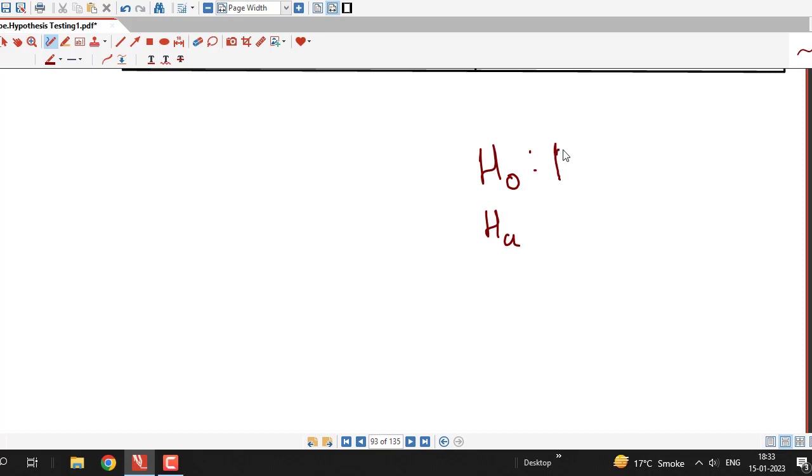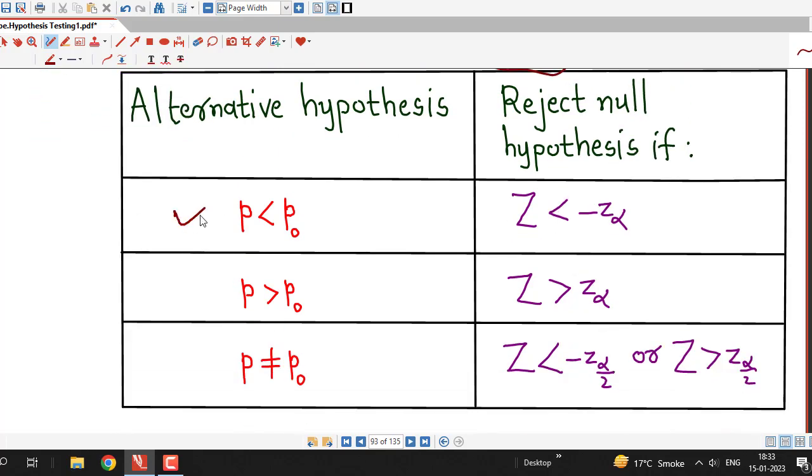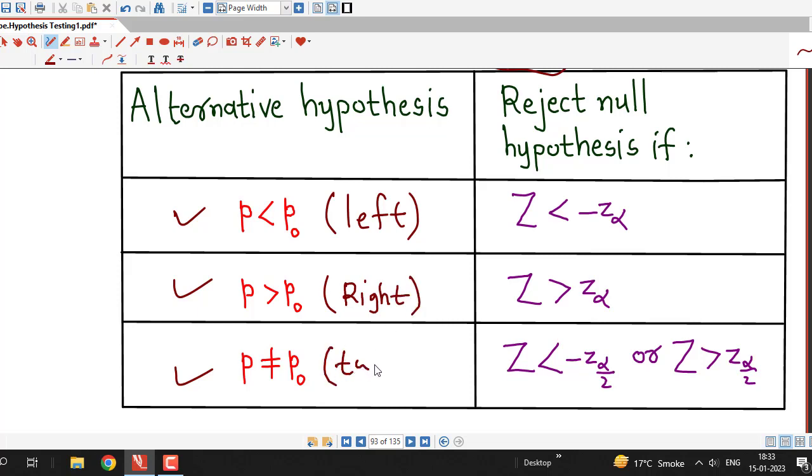If the null hypothesis is small p equal to p0, then there are three different alternative hypotheses. If p is less than p0, it is called a left-tailed test. If p is greater than p0, it is called a right-tailed test, and this is called the two-sided alternative hypothesis.